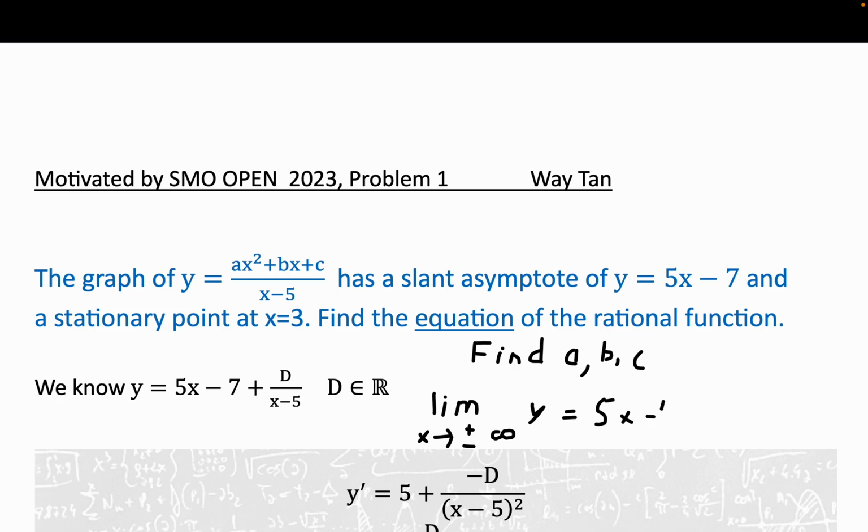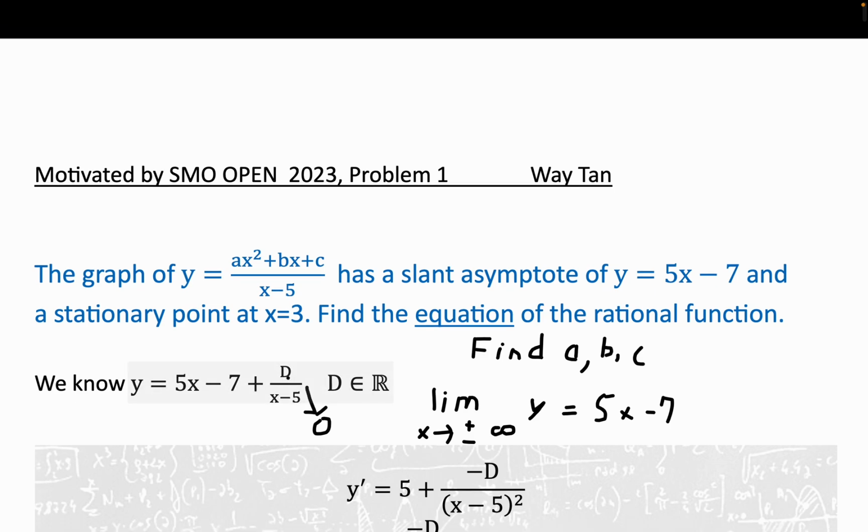Notice that since d is a constant, as x gets really, really large in either direction, as x approaches plus infinity or minus infinity, this term right here would just approach 0, right? You have a constant divided by a bigger and bigger number. So in the limit, the d over x minus 5 would approach 0.